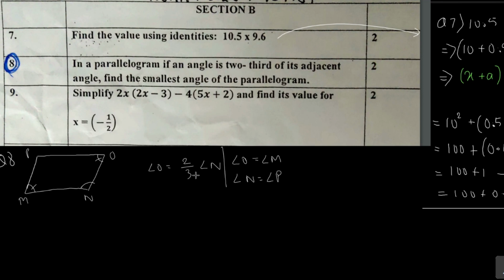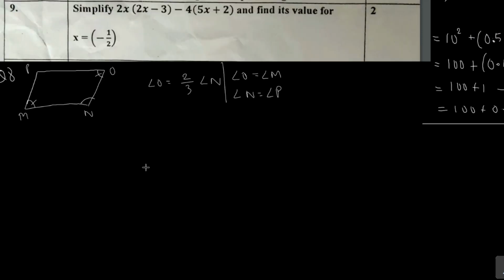Now I have an equation here. Angle O is equal to this much. So by applying the angle sum property, the sum of all the 4 angles is going to be 360 degrees, or the sum of 2 adjacent angles is going to be 180 degrees. So if I say angle O plus angle N, the adjacent, it should give me 180 degrees, right? And I know angle O is equal to this much.